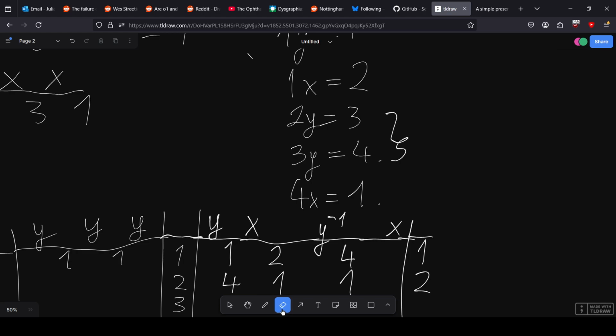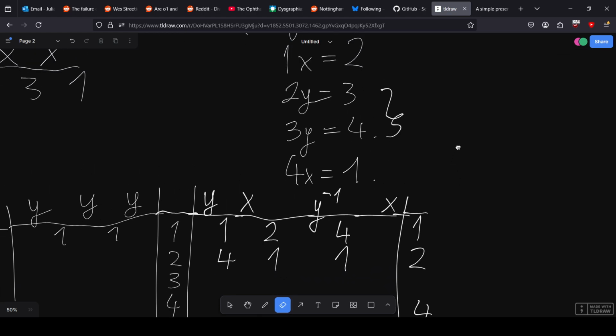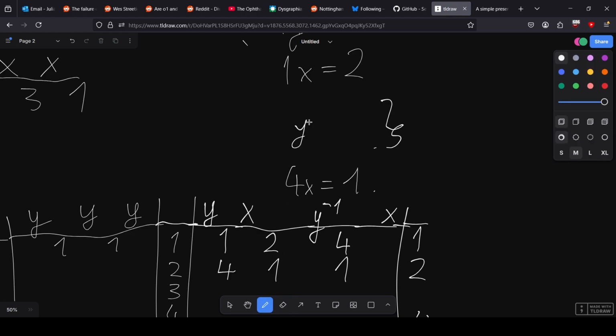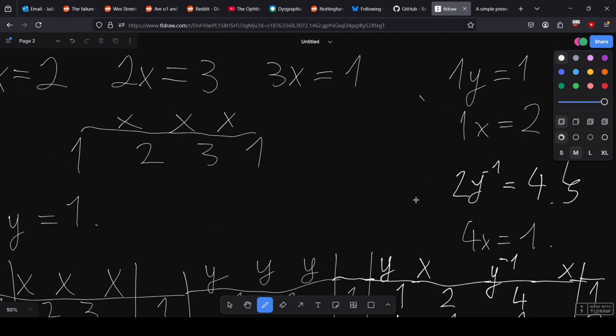I think I confused myself. I am going to very quickly erase this because this should be only y minus 1. 2y minus 1 equal 4. Because now it actually makes sense.